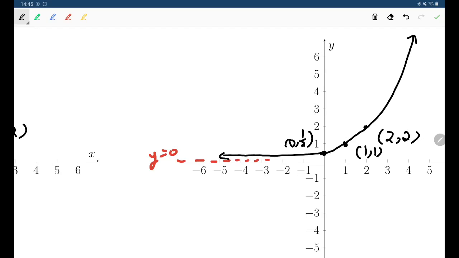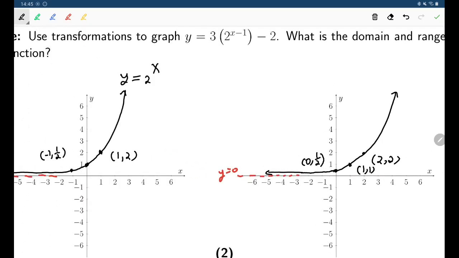Good. And I'm just going to fix this and make this look a little bit nicer. So labeling that point again, that is 0 and a half. There we go. And now I'll just label my equation. This would be y is equal to 2 to the power of x minus 1.